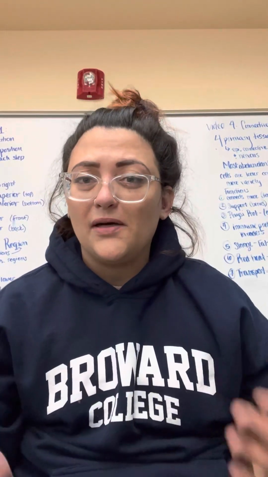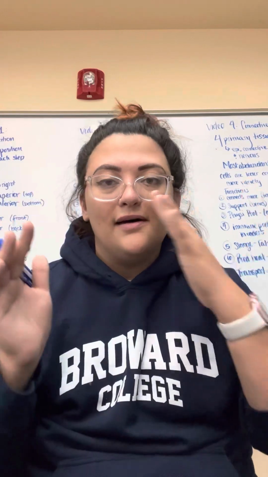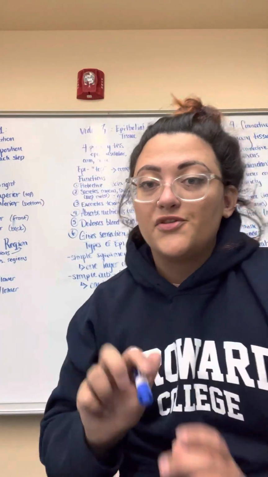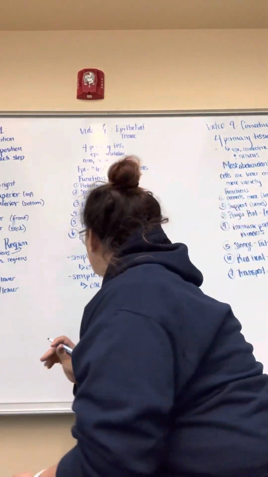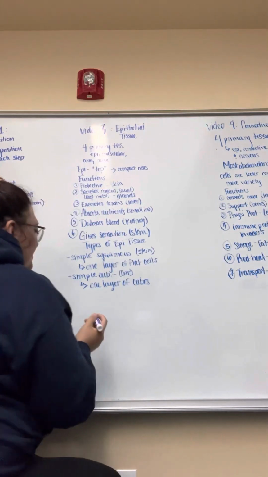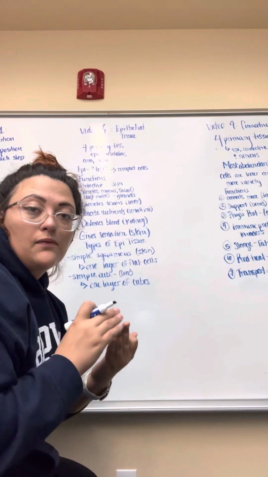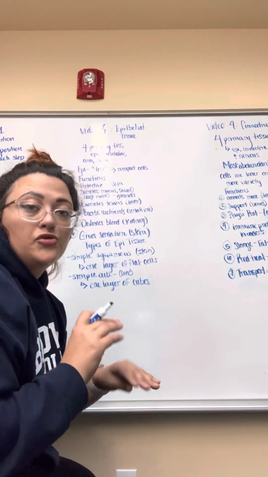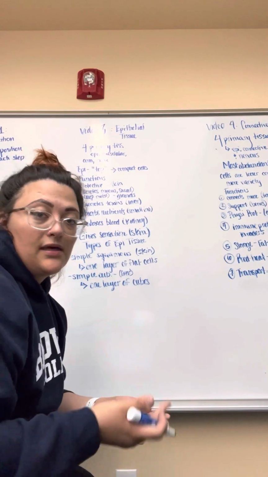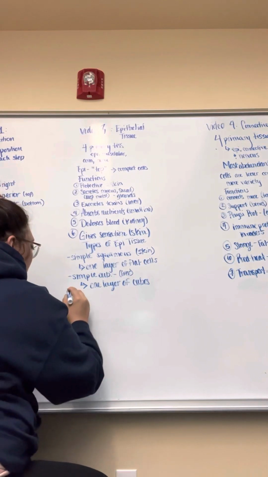But I'm going to talk specifically about different types of epithelial tissue real quick. I'm just going to give two examples. So you can see here, like I said, in our skin we have epithelial tissue, and the skin is made up of what's called simple squamous tissue.